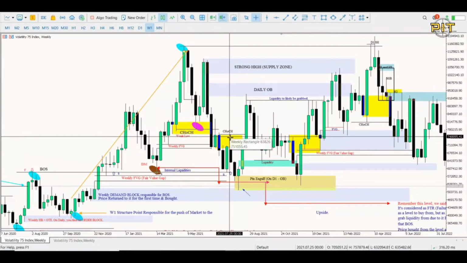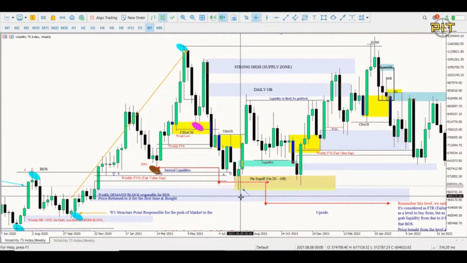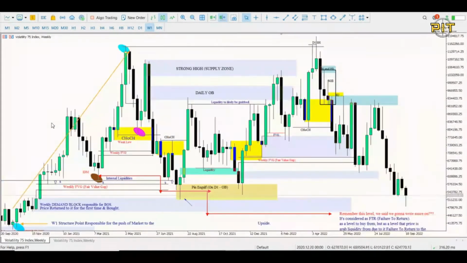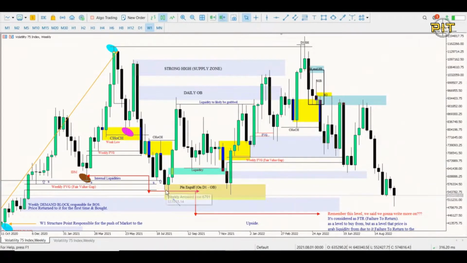So price went back, retested it, and then moved to the downside to mitigate this demand. And then we can see that this candle grabbed this liquidity and then pushed to the upside, creating a change of structure here on a lower time frame, because this will be forming a bullish structure on a lower time frame.